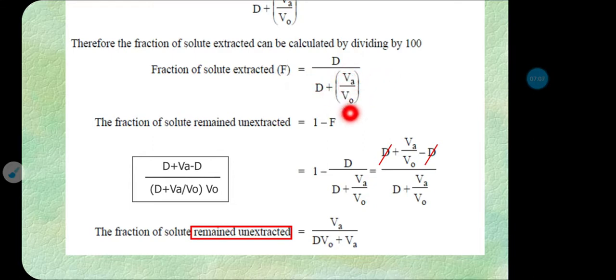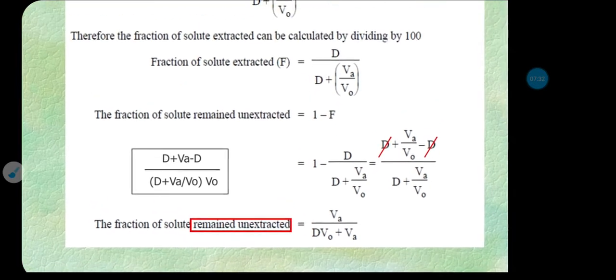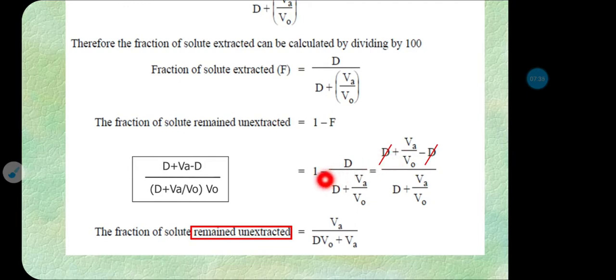This 100 will be cancelled. The fraction of solute remaining unextracted will be 1 minus F, that means total 1, and that much fraction will be extracted. So what is unextracted? 1 minus F. Substituting the value of fraction extracted, 1 minus D upon D plus Va upon Vo.